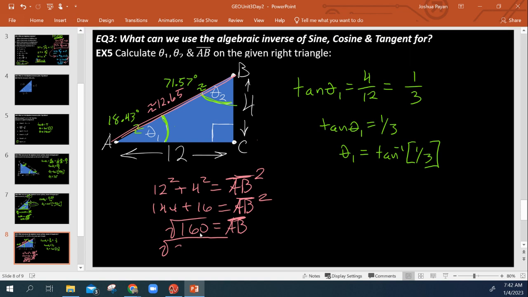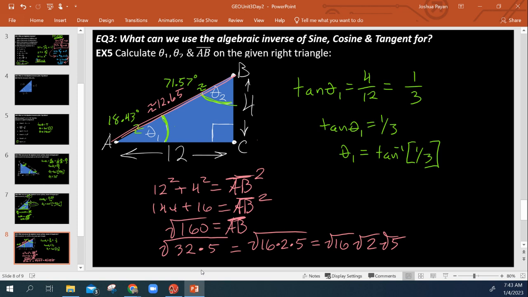So that right there is just 32 times 5, which of course is equal to the square root of 16 times 2 times 5. So we can say square root of 16, square root of 2, square root of 5.